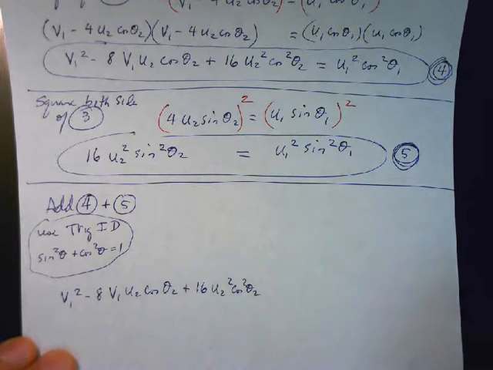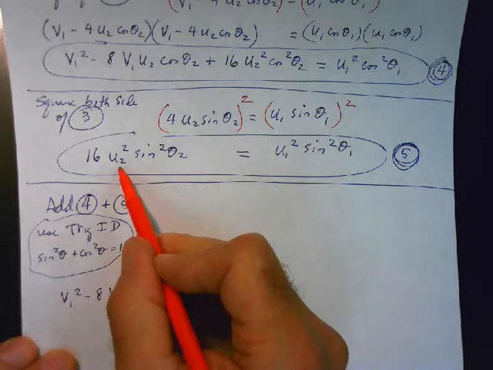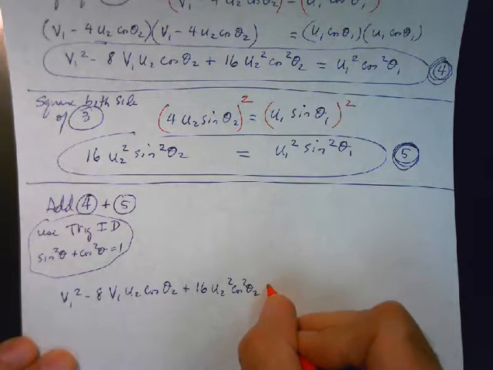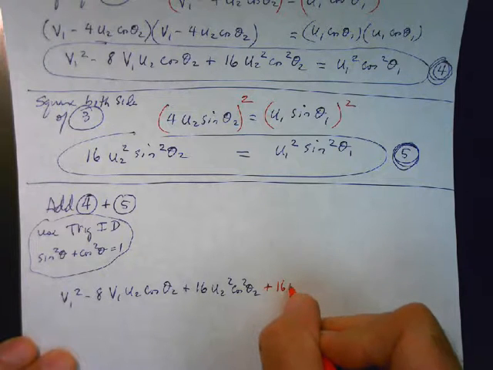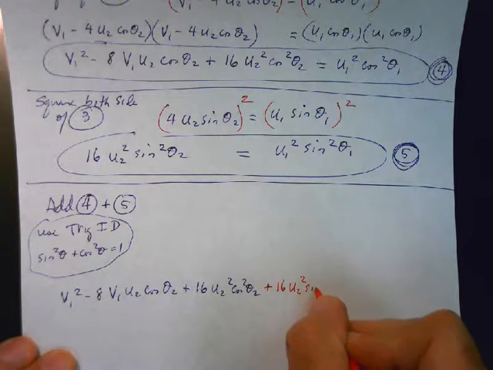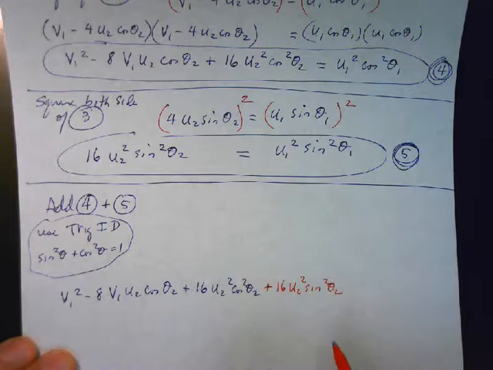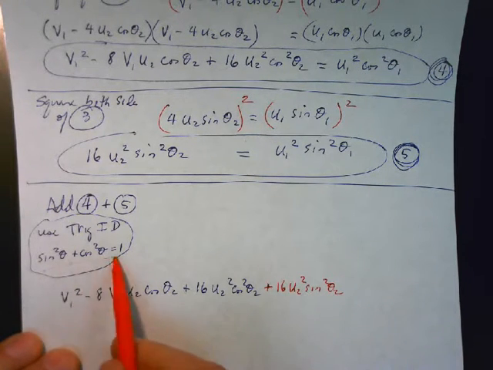That's a left-hand term. Now I'm going to add the left-hand term from equation 5, so plus 16 U2 squared sine squared theta 2. Ooh, I see a cosine squared theta 2 and a sine squared theta 2. That looks like prime material for this trig identity right here.